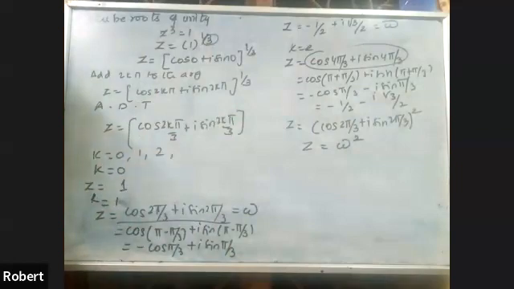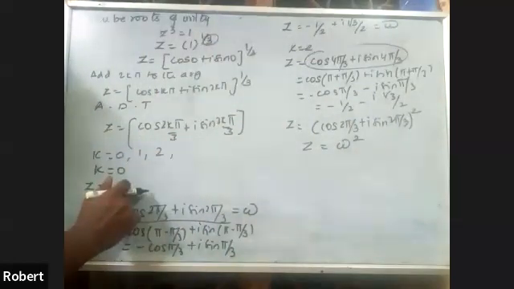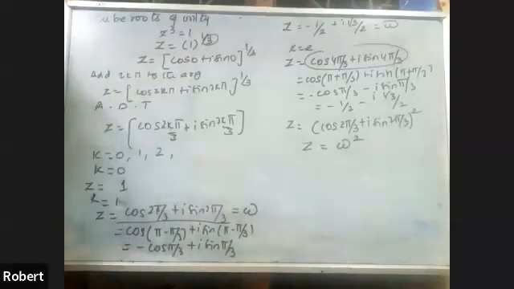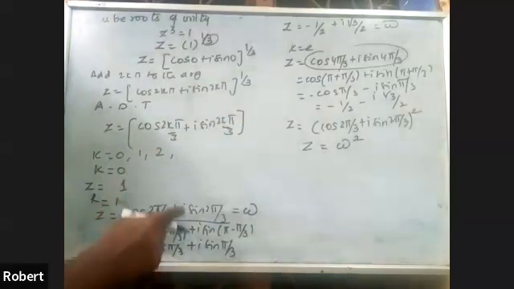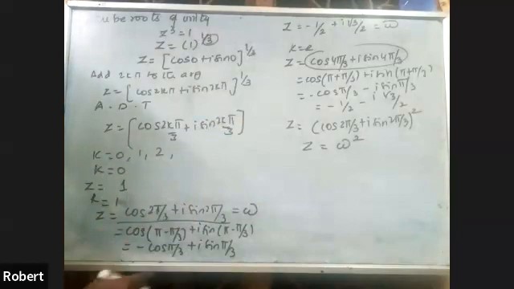Okay, understood? So first, k equal to 0 means the value of the complex root is 1. Next is k equals 2. The z value becomes cos 2 pi by 3 plus i sin 2 pi by 3, which is omega. Now here you find the value of omega.